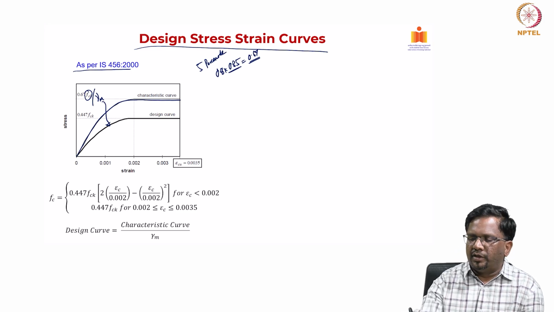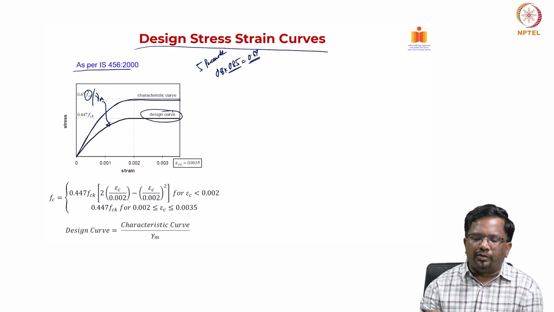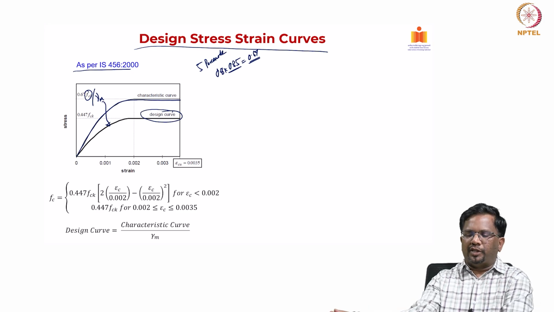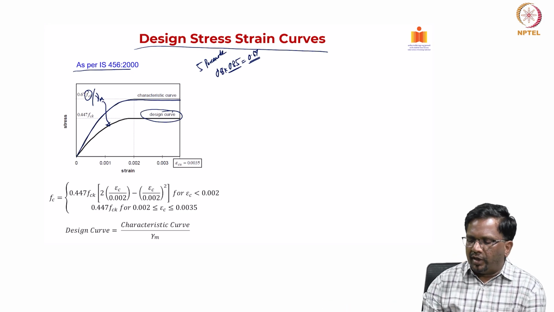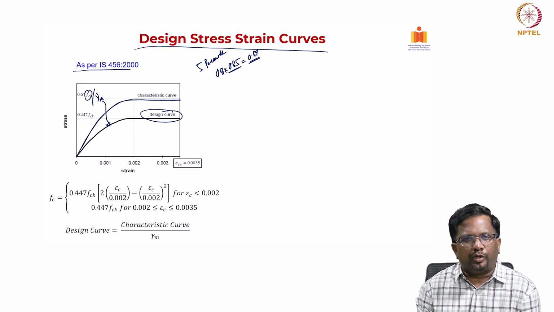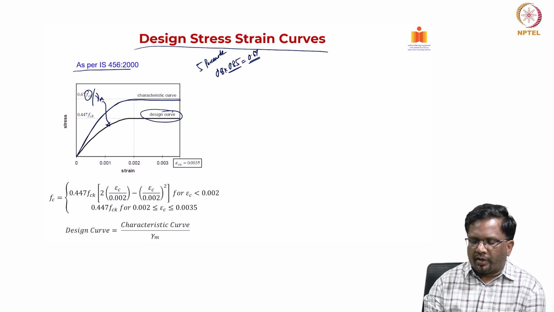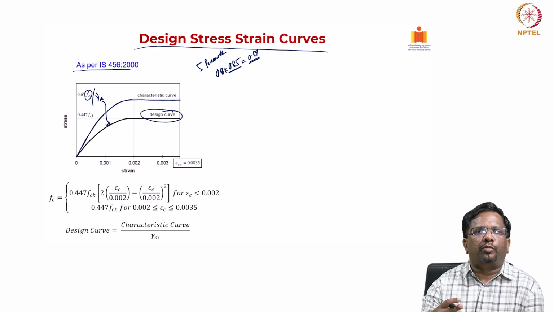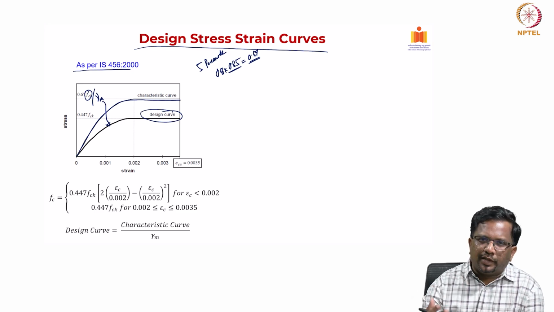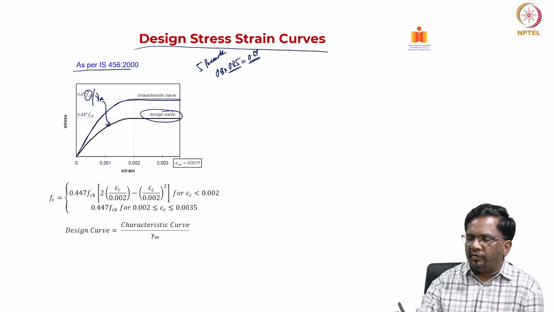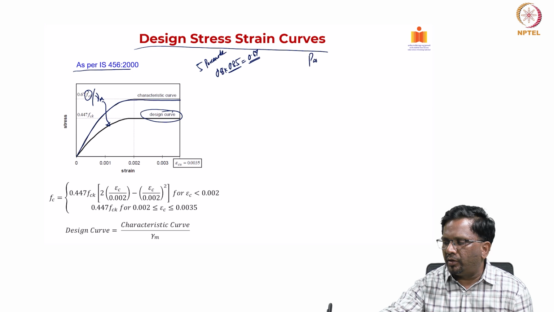So, you get this design curve. That is how we get your design curve. So, this is the equation for your design curve, and this is a typical parabolic model. Okay. And as I have told you, the Thorenfeldt model is more generic, but the simpler version is your parabolic model.